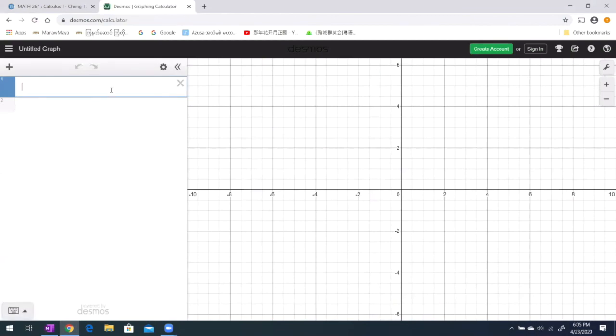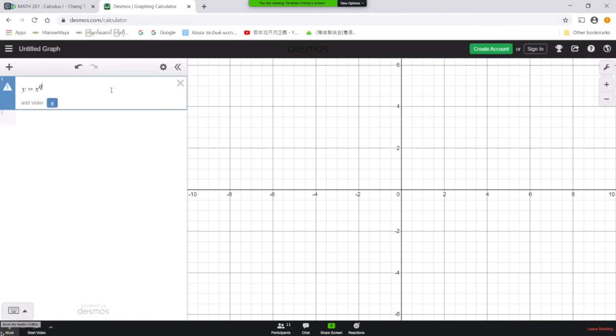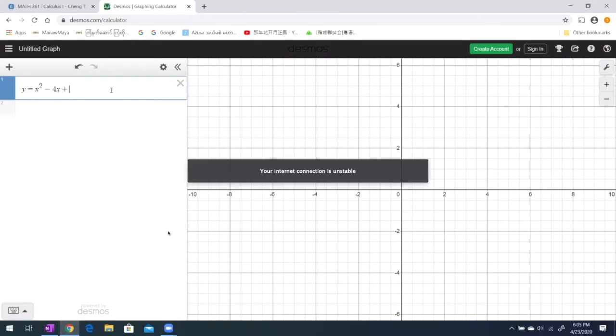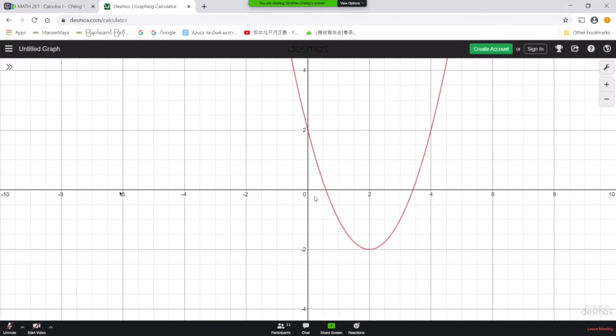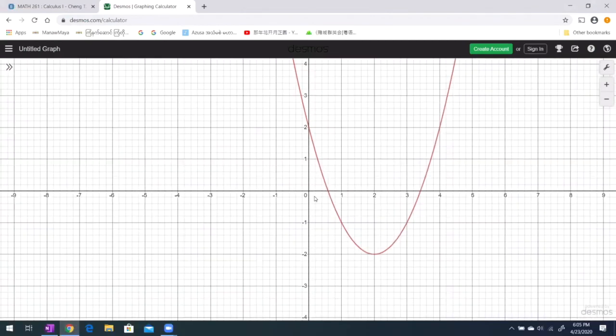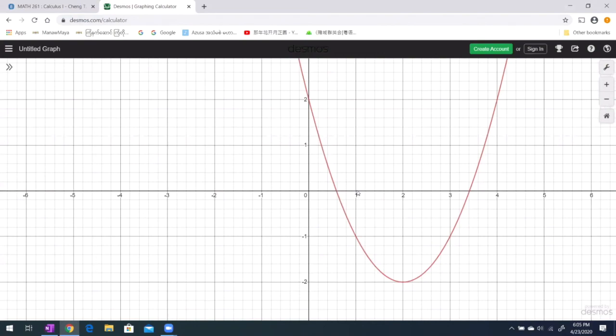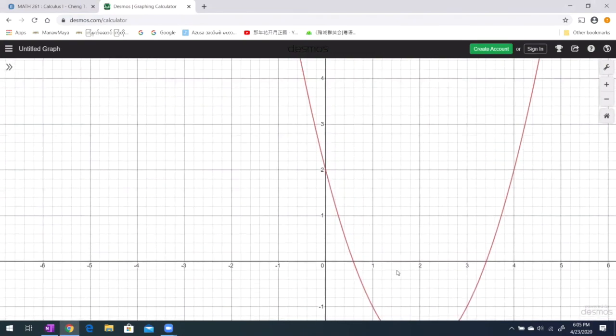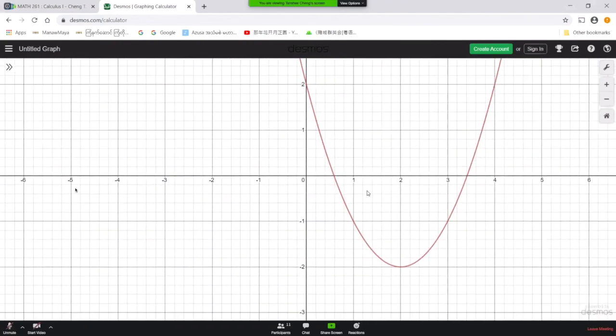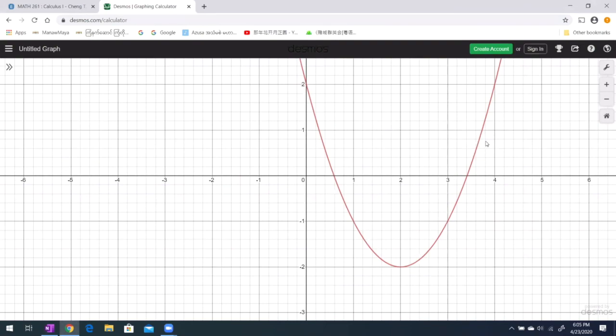What was the function? y equals x squared minus 4x plus 2. Notice that within the interval 1 through 4, the area below the x-axis is more than the area above the x-axis right here.